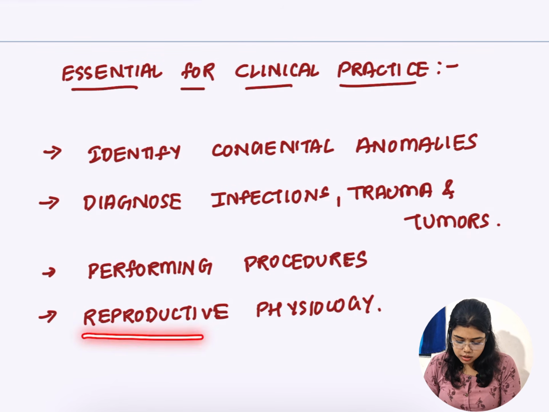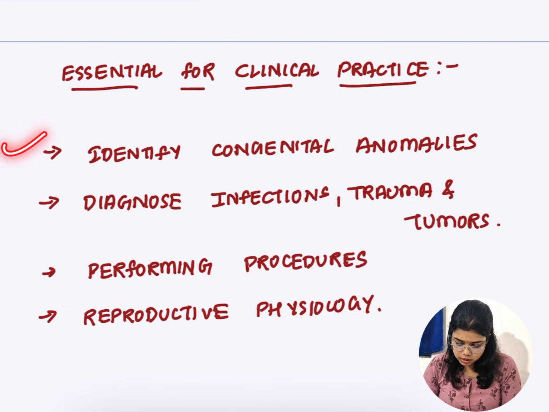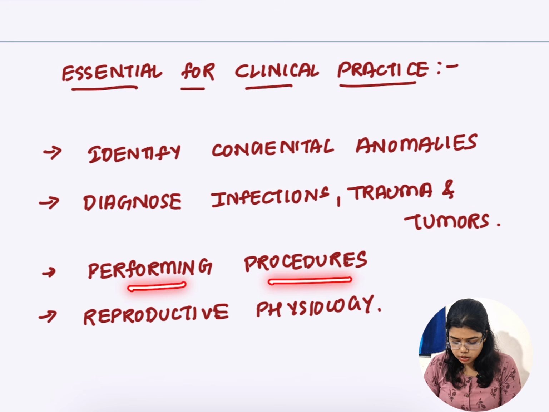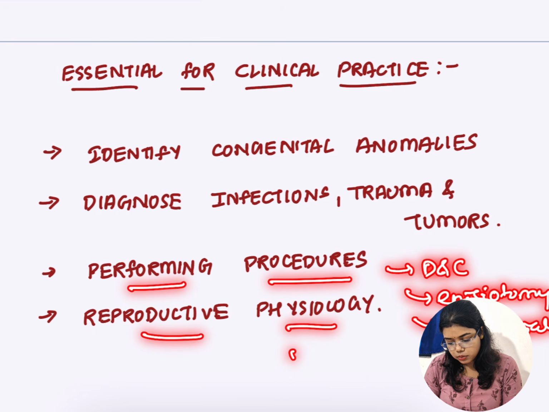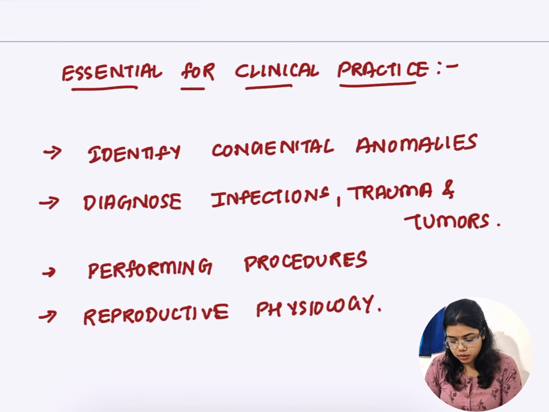Okay, and it is important for reproductive physiology. So we can identify congenital anomalies, diagnose infections, trauma, tumors, and perform procedures like D and C, episiotomy, marsupialization, and for reproductive physiology, that is normal vaginal delivery.